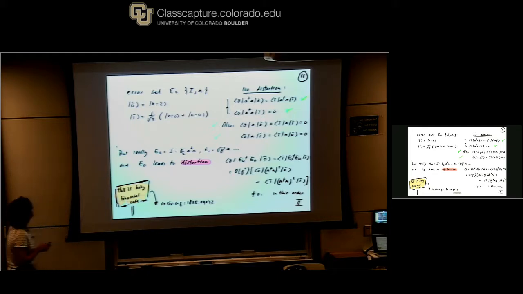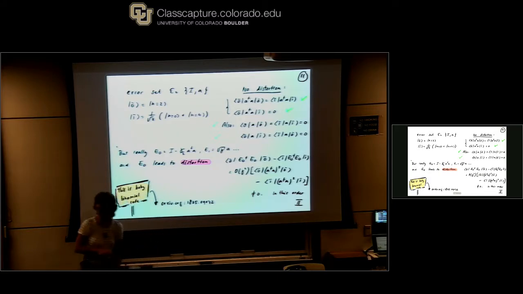The 0 is the Fock state with 2 photons. And 1 is a superposition of 2 Fock states, one with 0 photons, so the vacuum, and the other one with 4 photons. And now we can verify why I meet these quantum error correction conditions.